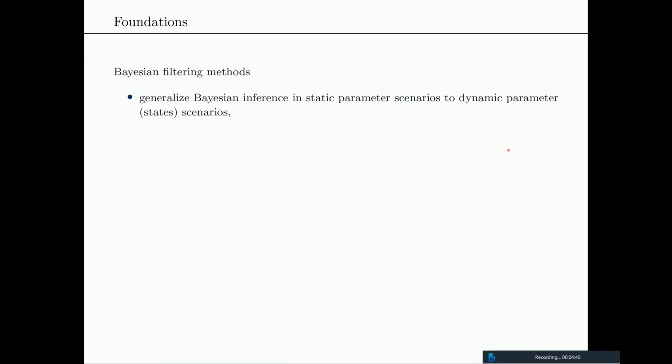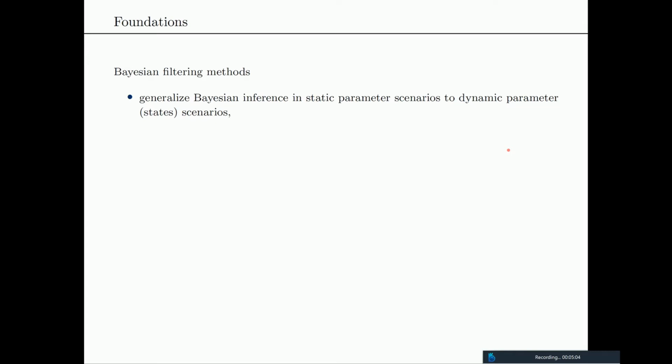For example, if you think of last week, if we have a Bernoulli model or a binomial model where the parameter that governs the sampling of ones changes over time, then this would be a dynamic parameter.